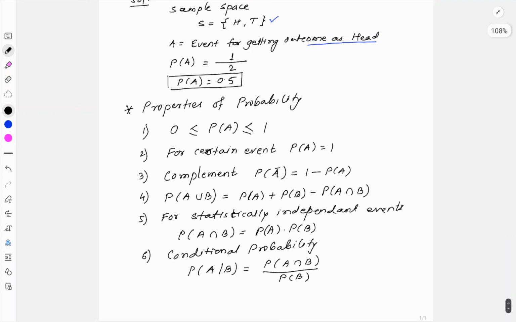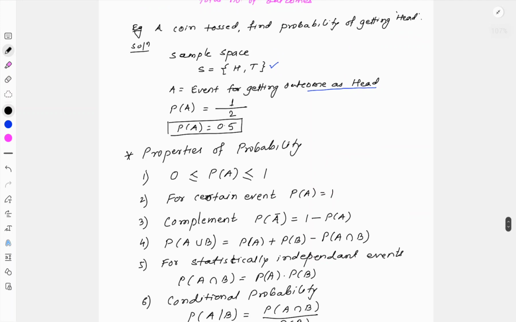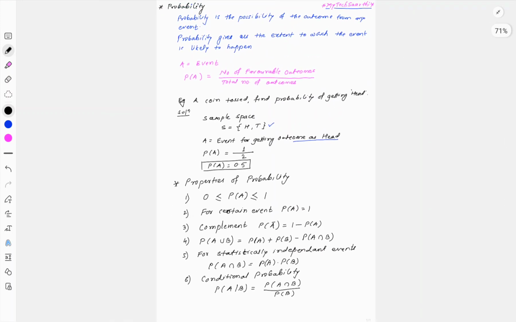There are many more, but we have summarized a few of them here. So the simple definition of probability is number of favorable outcomes divided by total number of outcomes, and these are the properties of probability.